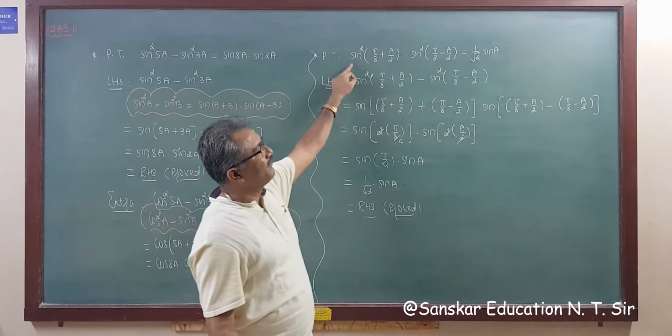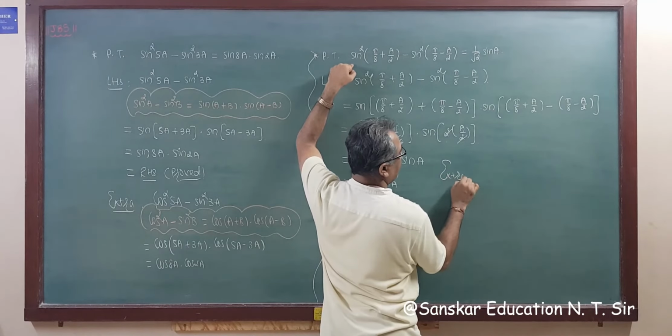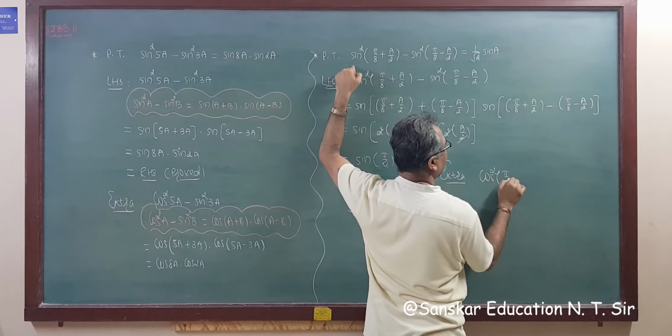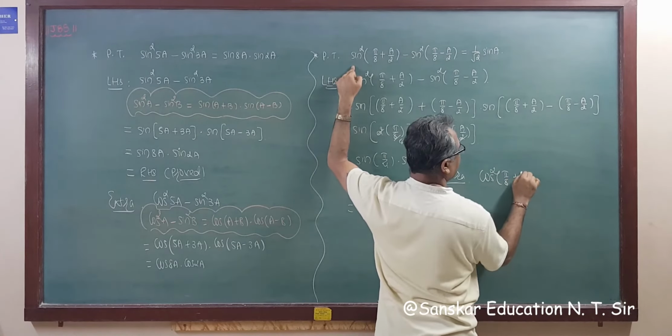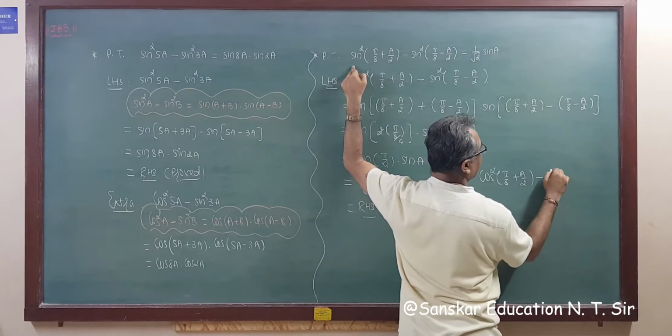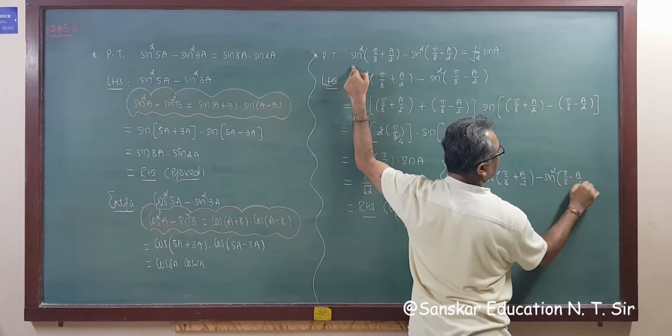Now instead of this, suppose cos square (pi by 8 plus A by 2) minus sin square (pi by 8 minus A by 2).